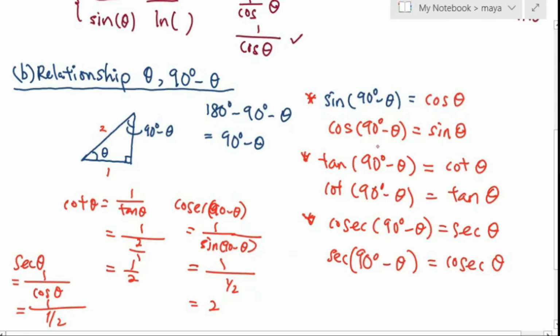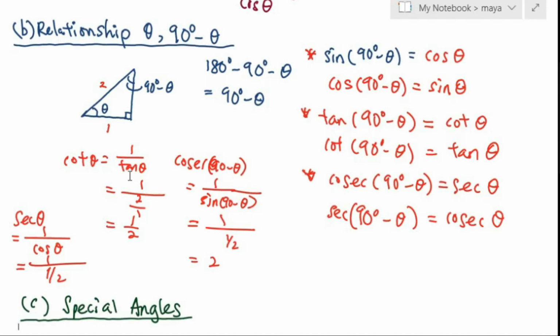So there are 3 types involving the 6 trigonometric functions: the first type is sin and cos, the second is tangent and cotangent, the third is cosecant and secant, involving all 6 trigonometric functions that we have. So this is your basic part B. When you have a question involving theta and 90 minus theta, you have to be alert that this is what they want to test you on. You will know this formula involves the opposite angles in the triangle, so they will test you using sin cos friends, tangent cotangent friends, and cosecant secant friends.